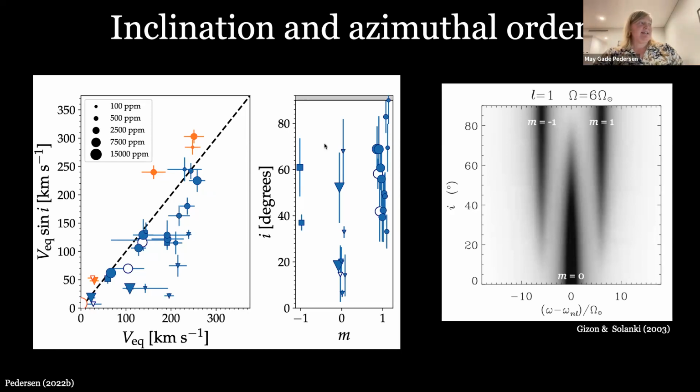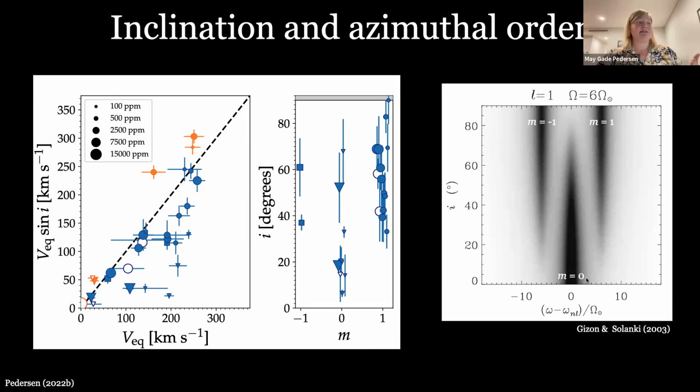So what you're seeing here with the distribution of inclination angles is that for retrograde and prograde oscillations, so cases where we actually have nodal lines that cross the equator, we don't really find any of the stars having lower inclination angles. And that's what we expect from a surface cancellation effect standpoint.